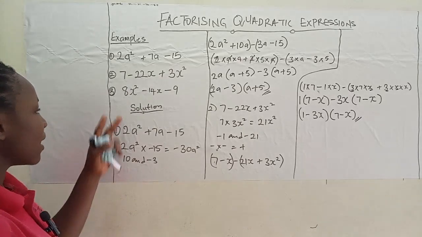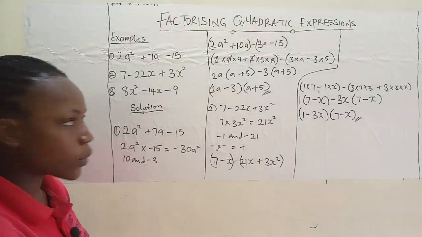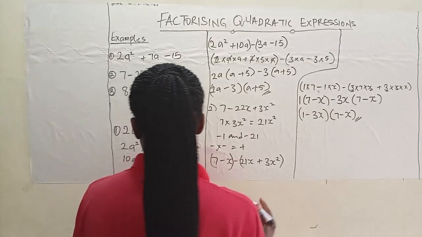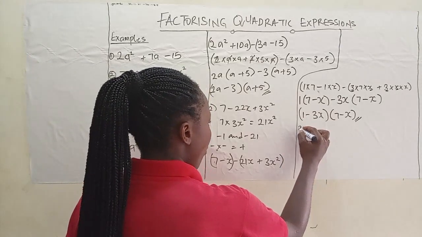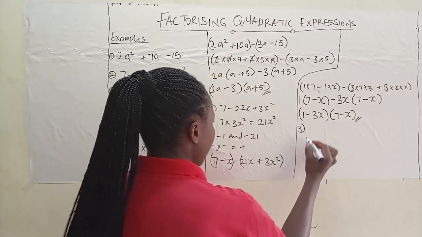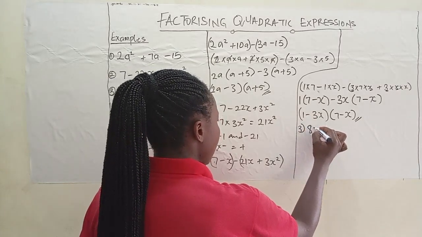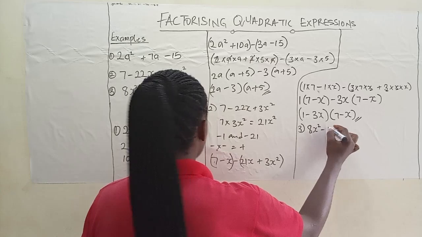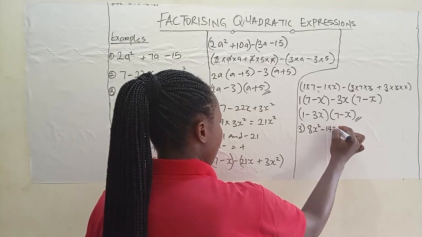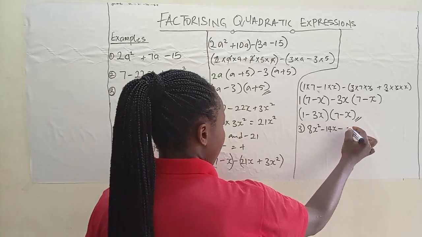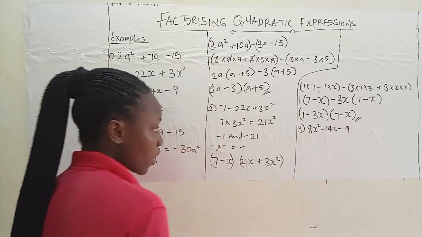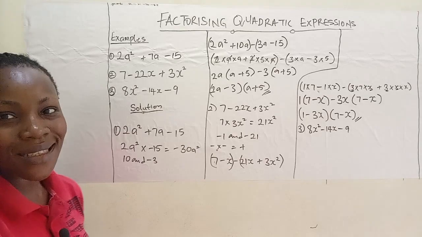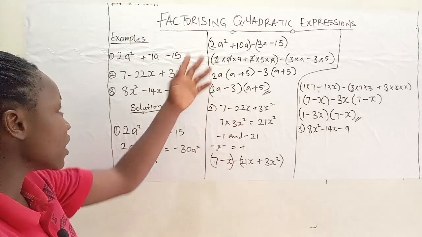So let's solve the last example, where we have 8x squared minus 14x minus 9. We are going to repeat the same thing that we did in other ones.